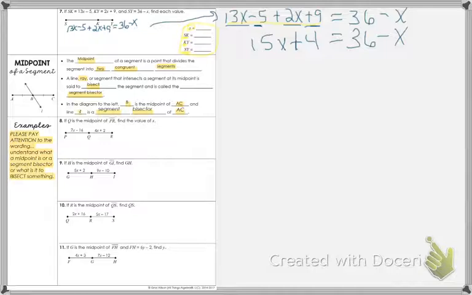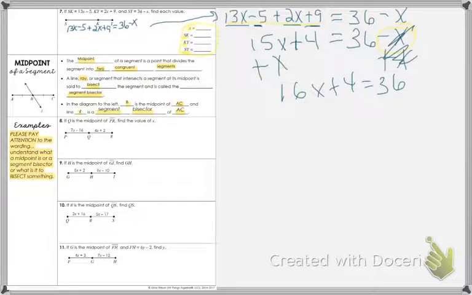Now, personal preference, I like my variables on the left. That doesn't mean you have to, that just means I do. So what I'm going to do is move this guy. I'm going to add x. So I get 16x plus 4 equals 36. These are gone.